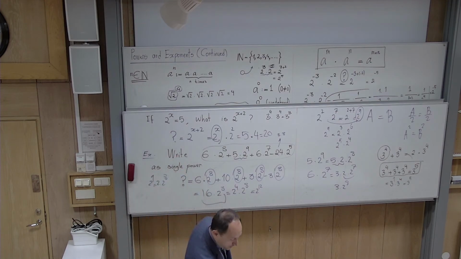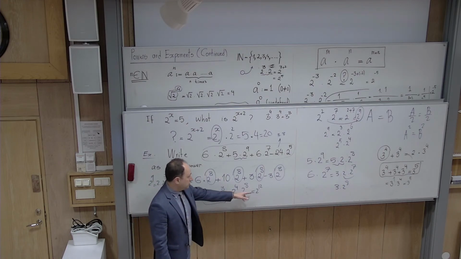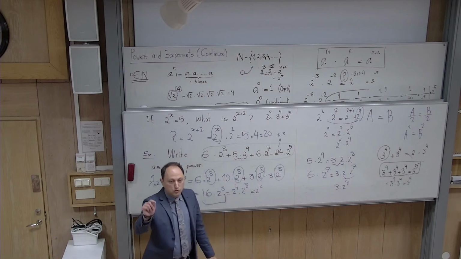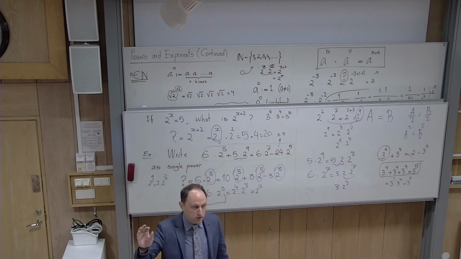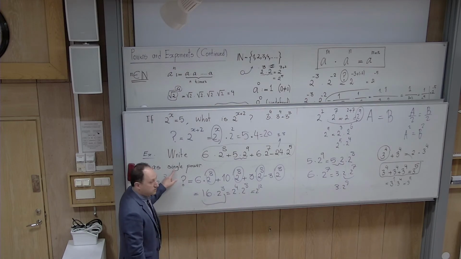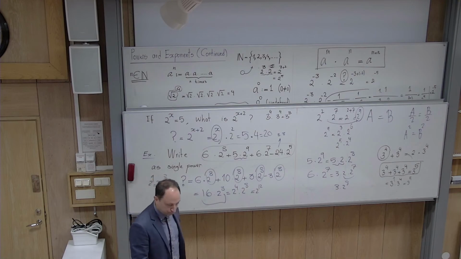So if in this exam I give you this, the answer is 4096, I suppose. But if you write 4096 in the exam, even though it is 100% correct, you will get 0 points. Because the question is not asking you to evaluate that number. It is asking you to write it as a single power.